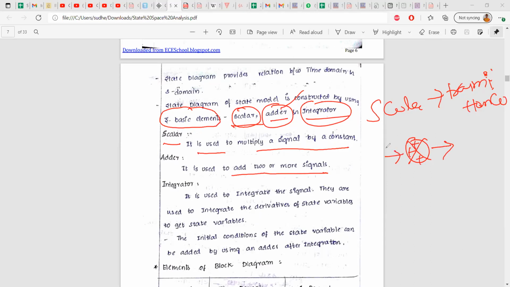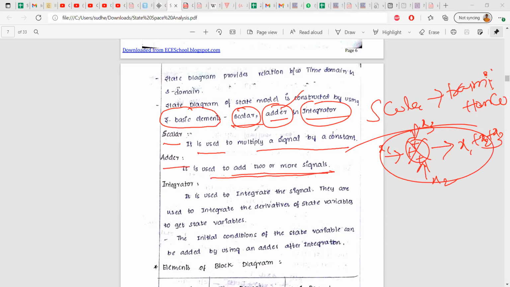If you give the inputs, what is the output? x1 plus x2 plus x3, right? In the signal flow graph, the same thing here. The adder is used to add two or more signals. Scalar, like transmittance or gain, is used to multiply the signal by the constant.